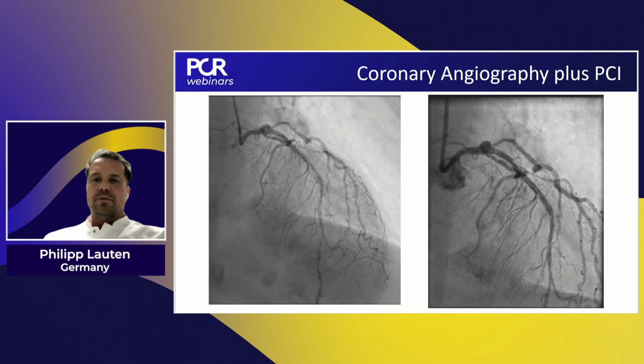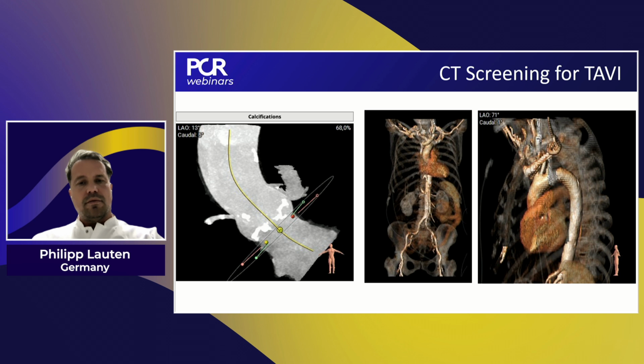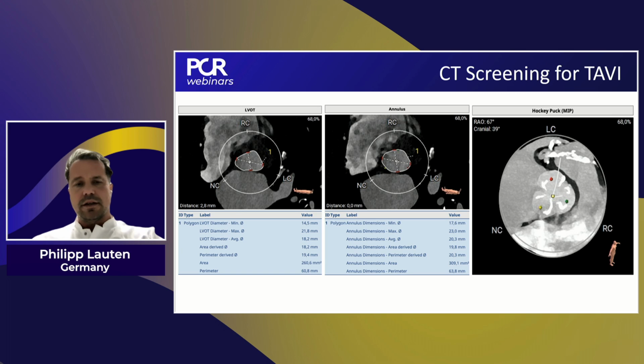Yes, you can see on the right side, and performed in the same setting of the hospital admission, the planning for the TAVI in our heart team. So you can see here the vascular access and the aortic arch, and also the calcification on the valve. I will go into detail now.